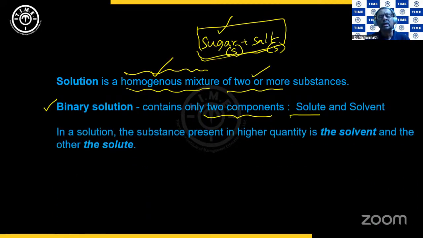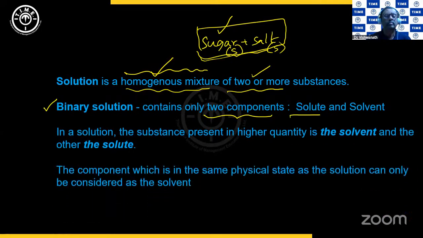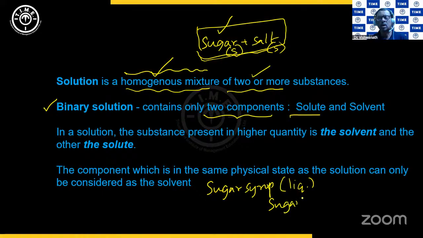Now, there is one very important thing that we need to know. Suppose you have taken a sugar syrup. A sugar syrup is in what physical state? It is liquid. Sugar syrup is made up of sugar, which is solid, and water, which is liquid. Sugar syrup is also a liquid. You'll be surprised to find that the water part is only about 40%, and sugar is 60%.